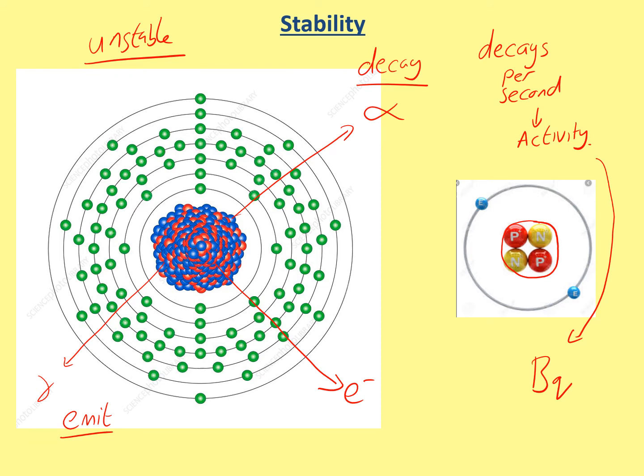So if there was 2 decays per second, we would say that's 2 becquerels. If there was 10 decays per second, 10 alphas per second, we call that 10 becquerels. And if there was 100, it could be 100 becquerels. It could be less, it could be 1 every 10 seconds, say, and that would be 0.1 becquerels. So the number of decays per second is called activity, and the unit is becquerels.